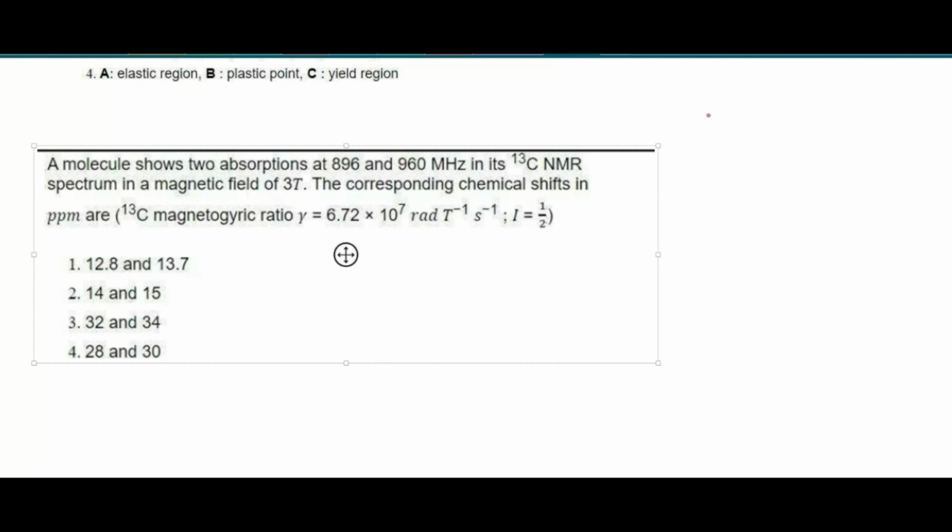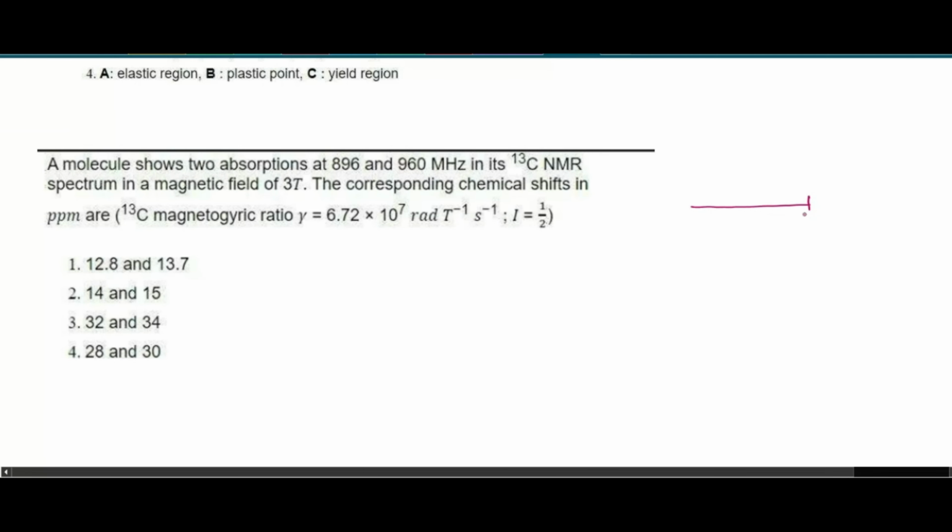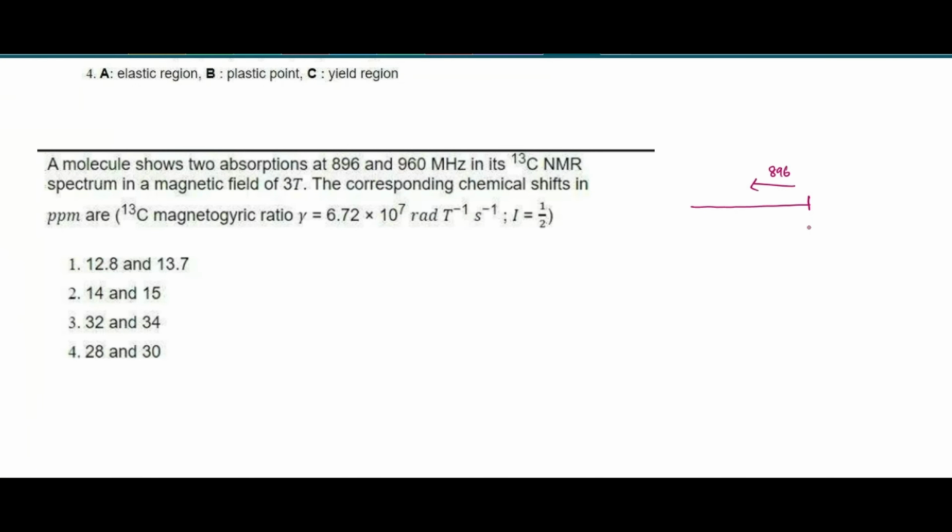In NMR we always look at the peak as a shift from a reference, how far it is from that reference. One is 896 and the other is 960. It won't be megahertz, it will be only hertz, such large values won't come. So 896 hertz and 960 hertz are given. In its C13 NMR spectrum at magnetic field 3T, they ask for the corresponding chemical shifts in ppm. The gyromagnetic ratio is given, the I value is given, etc.